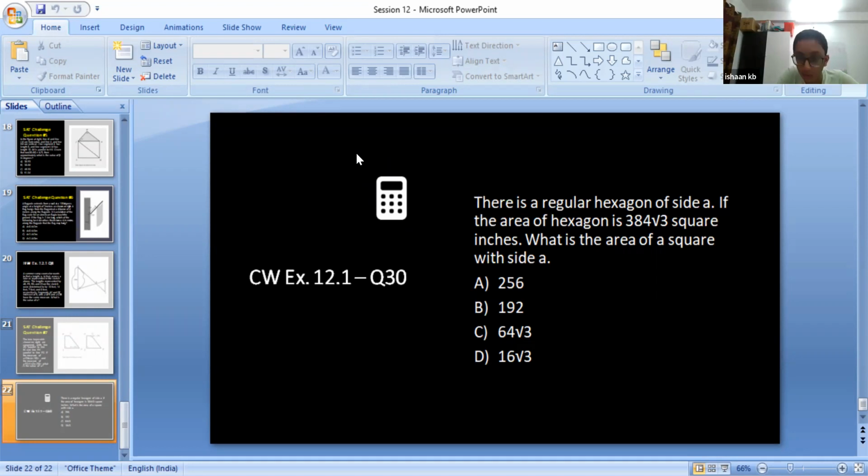We can use this formula: area of hexagon is 3 root 3 by 2 a square.